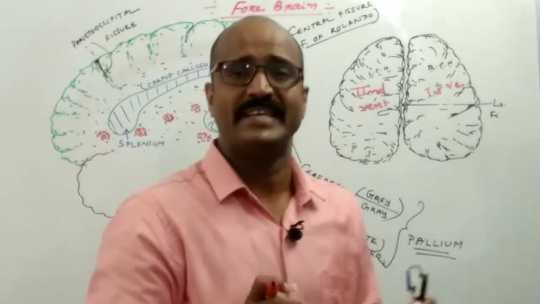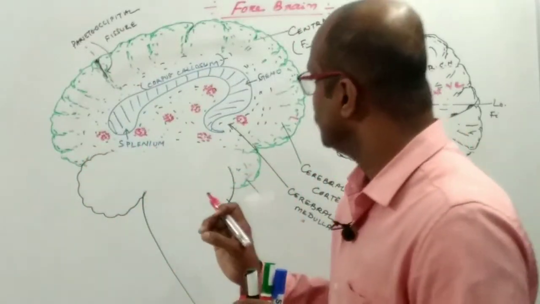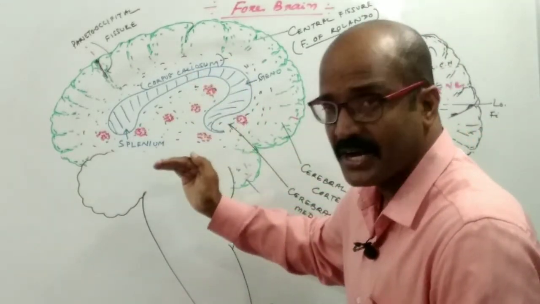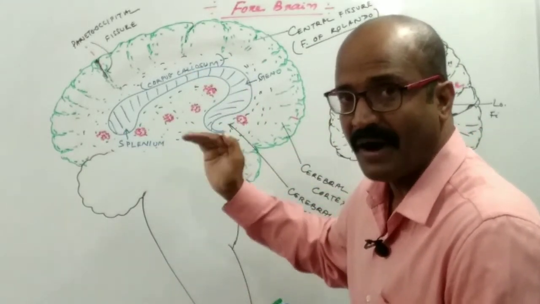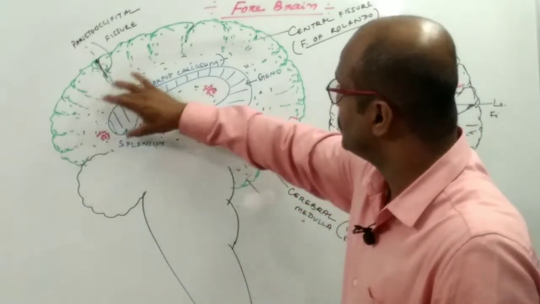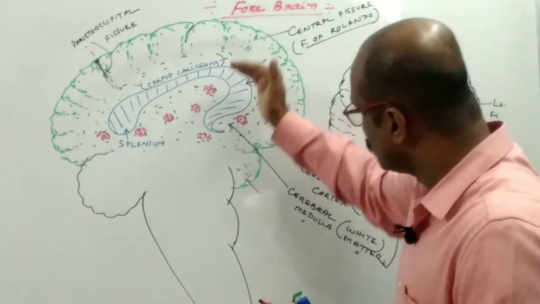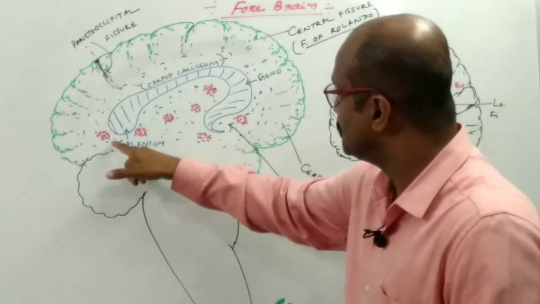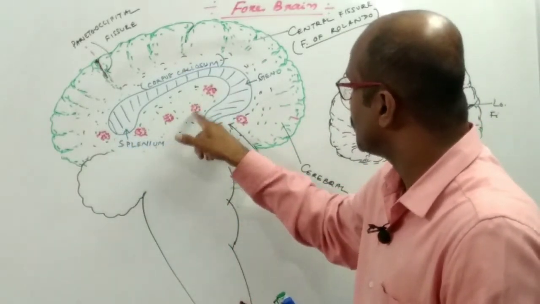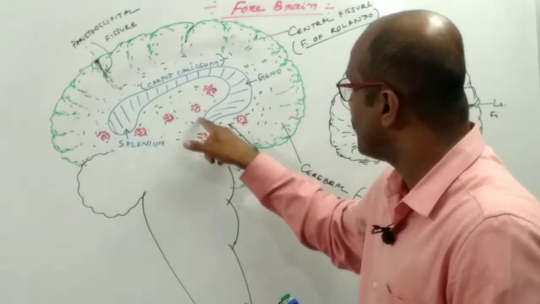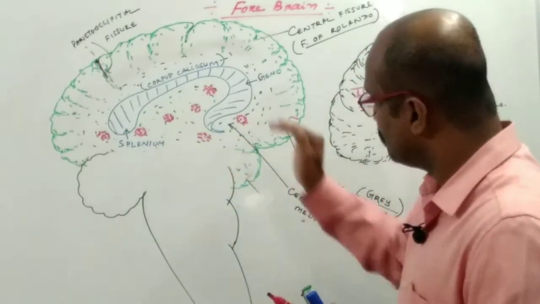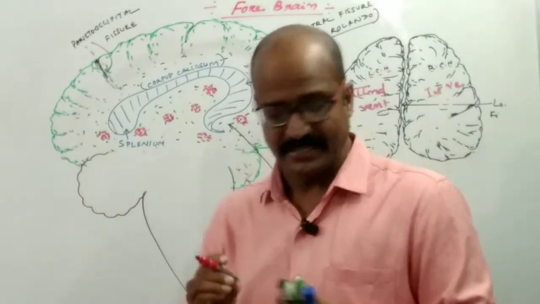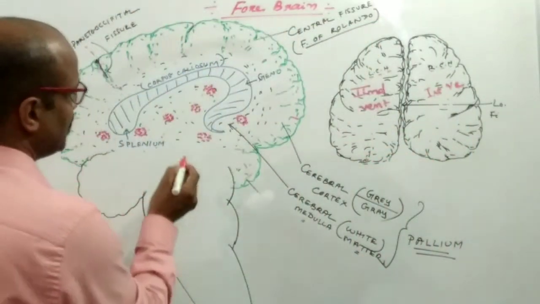These are known as the basal nuclei because they are present on the ventral side of the lateral ventricle. Suppose that there is the space, and below the space at the base of the ventricle, these patches of gray matter are present below the lateral ventricle, and these are known as the basal nuclei.